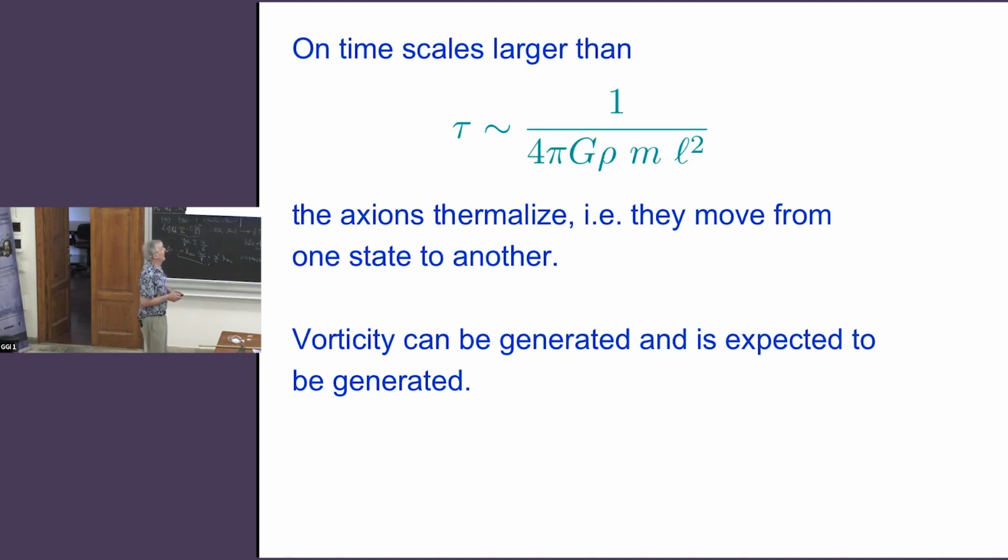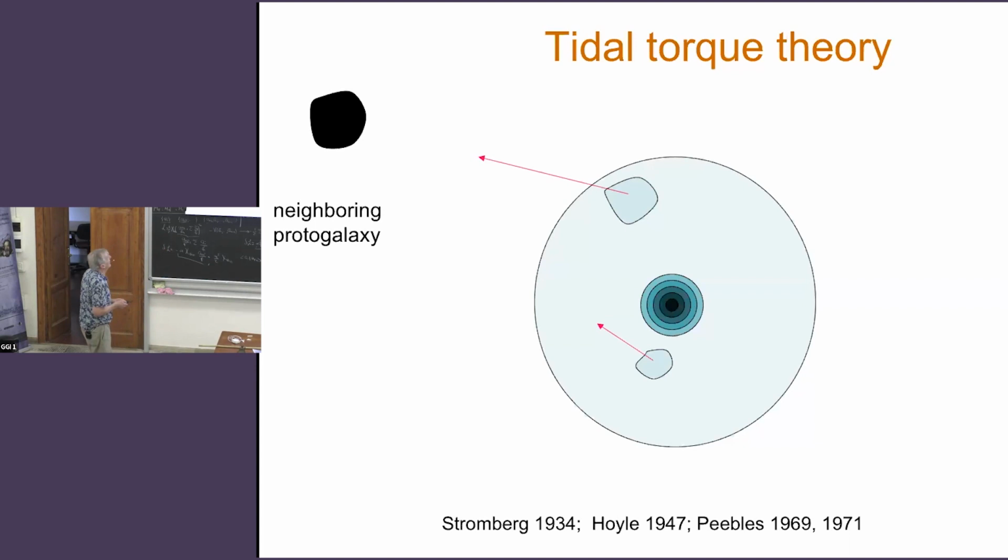Then you may ask, is that observable? Here I have a cartoon of a galaxy. Sorry for my very crude pictures on PowerPoint. Galaxies are torqued up by tidal torquing.